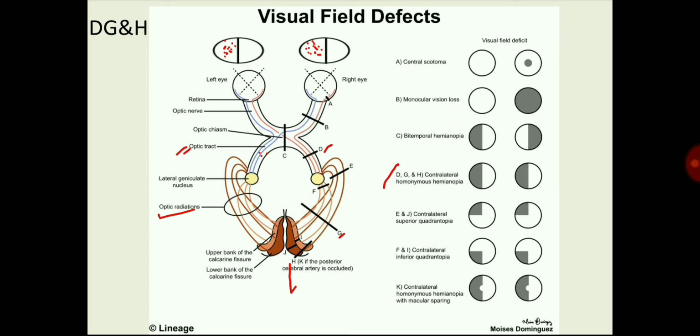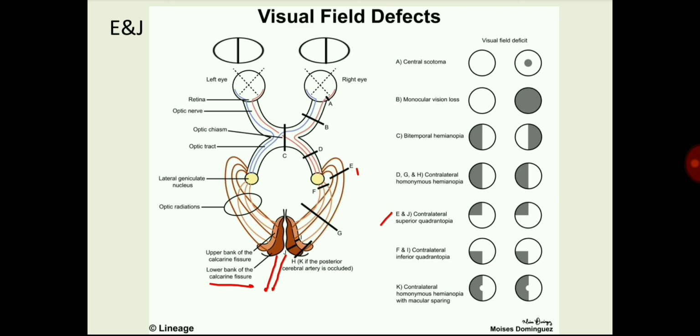Now look at sites E and J. Here E is Meyer's loop, and J is the lower part of the occipital lobe, that is, the lower bank of the calcarine fissure, so below the calcarine fissure.